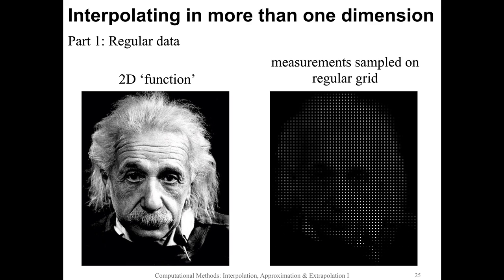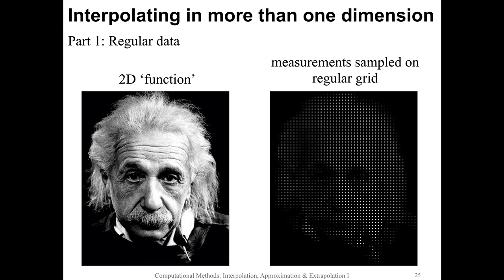At any individual point, we can have a high value corresponding to a white intensity, or a low value corresponding to dark or black. And we can imagine that we can take measurements of this 2D function that are sampled on a regular grid, as shown on the right here. So we only get an opportunity to measure this function at a regular grid.